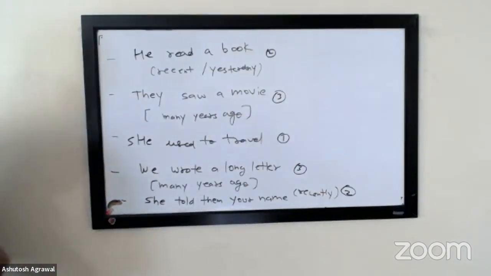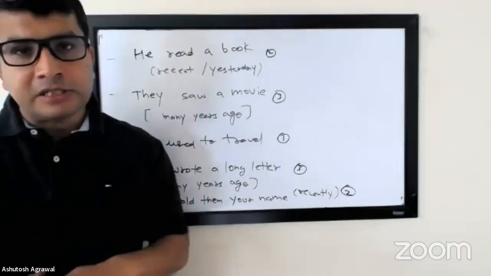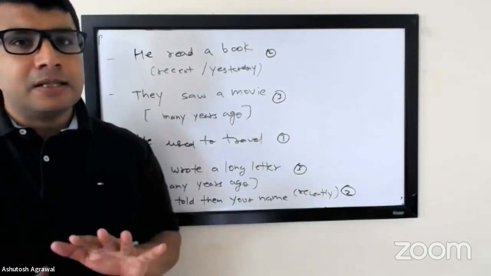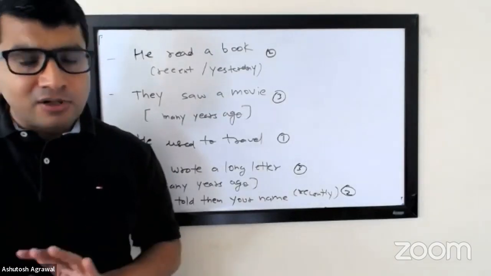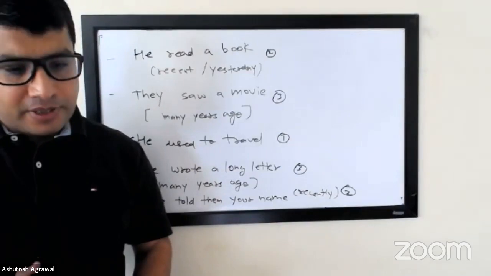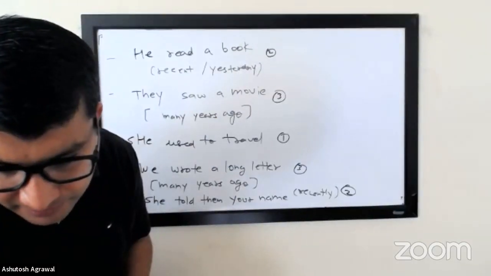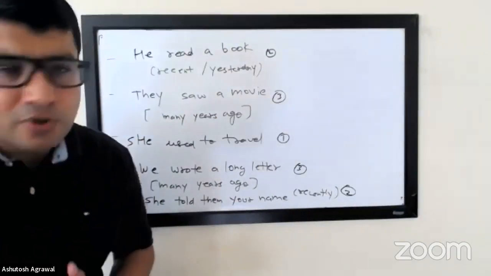The homework exercise, especially for intermediate and advanced learners, is to make simple sentences in all these 3 categories. You can post them in the WhatsApp group, and then we can take feedback or responses from our friends.